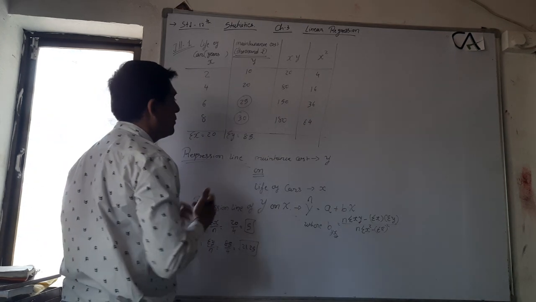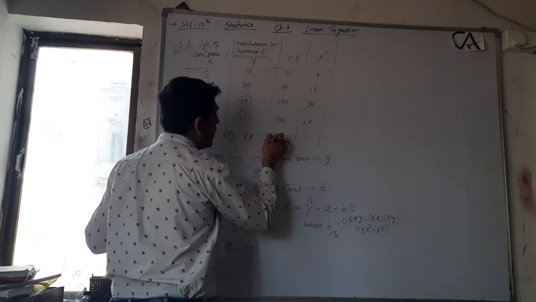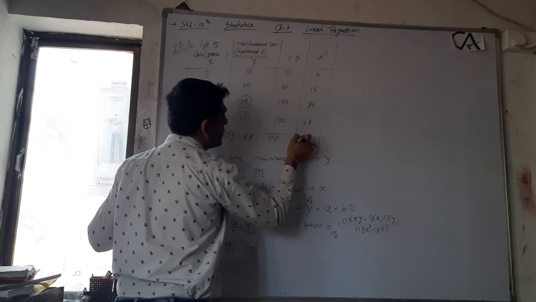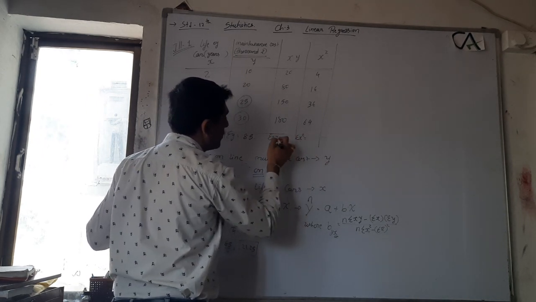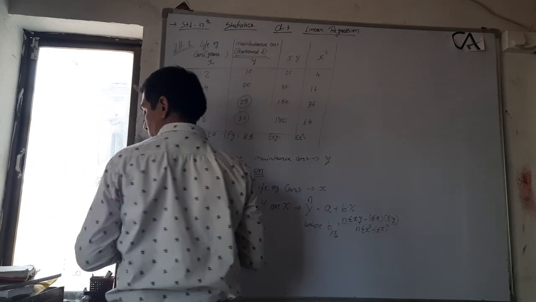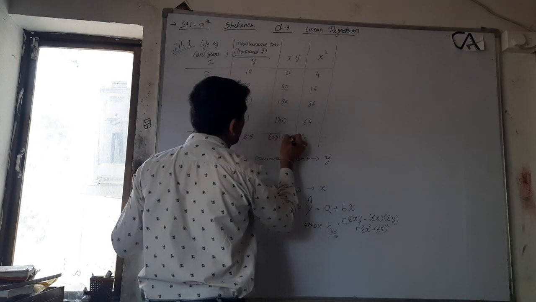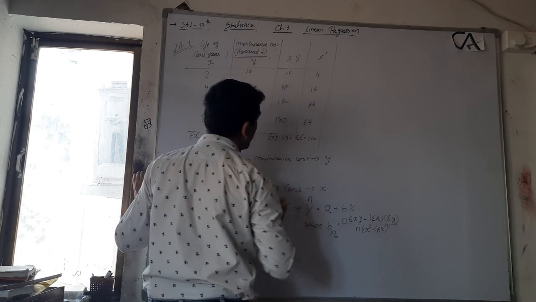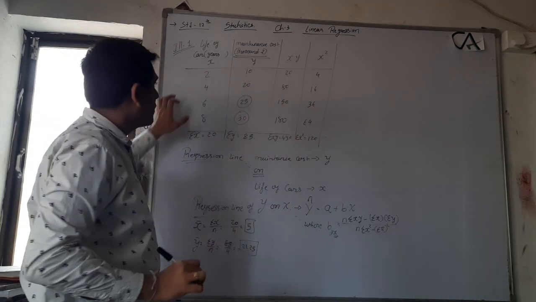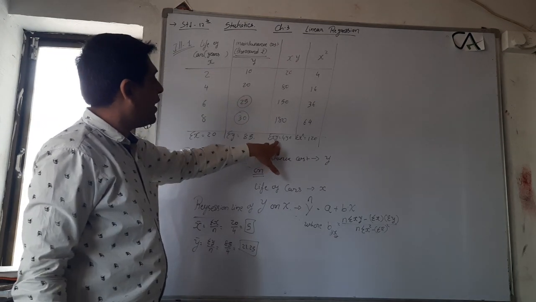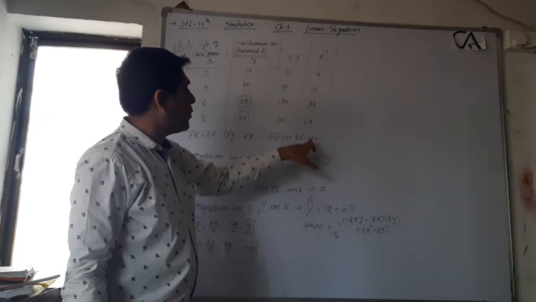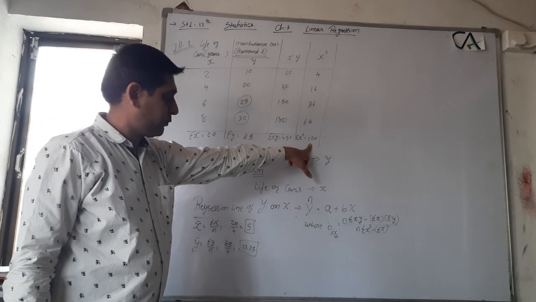Make the total of sigma xy and sigma x square. The total is sigma xy 490, sigma x square 120.